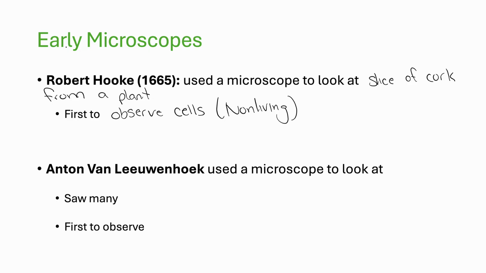Now the next scientist was Anton van Leeuwenhoek, and this Dutch scientist used a microscope to look at pond water. And in this pond water, he saw many tiny living organisms. So he was the first to observe living cells.